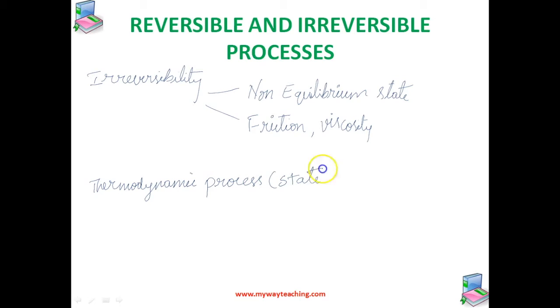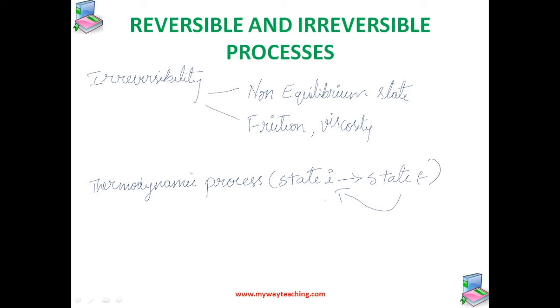Initial state is given by I and the final state is given by F. Okay, it is reversible if the process can be turned back such that both the system as well as surroundings return to their original states. Which means if it is already in the state F, this process we can call it as a reversible process. Again, if it gets back to the state I, that is initial state, with no other change anywhere else in the universe. A reversible process is an idealized notion.